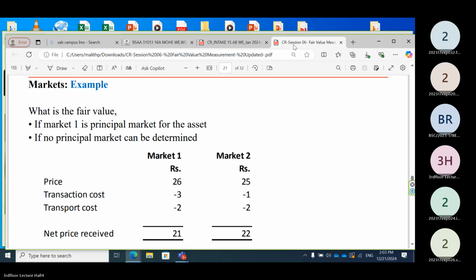Reason: as an entity we are earning a high value, the 22.